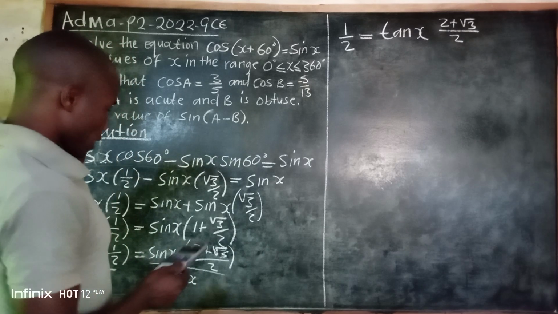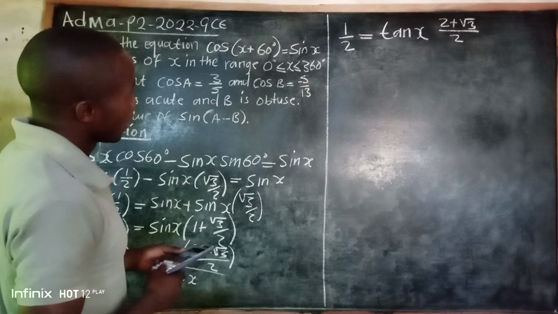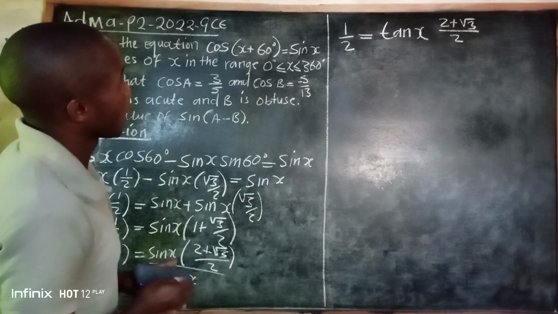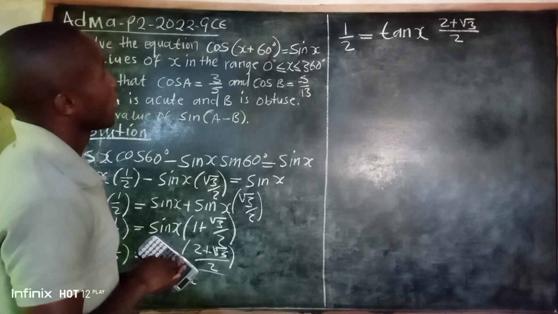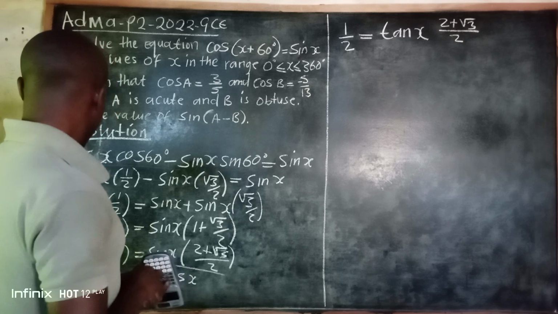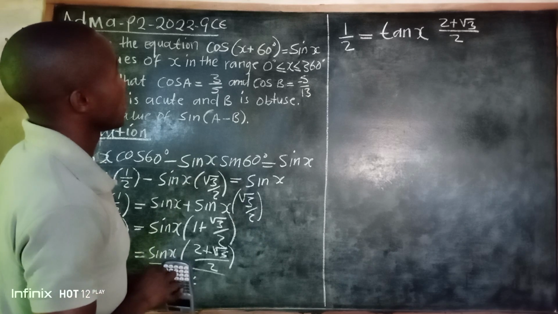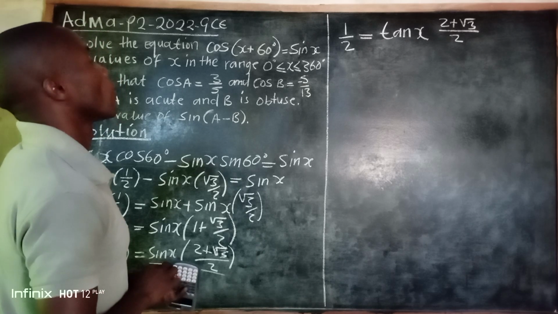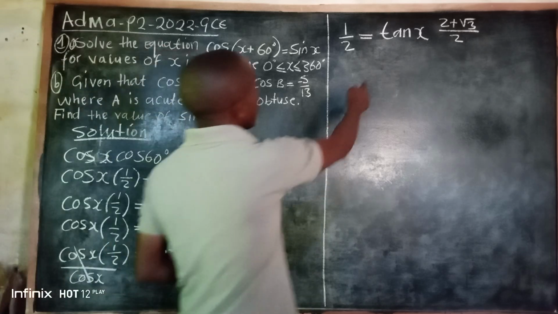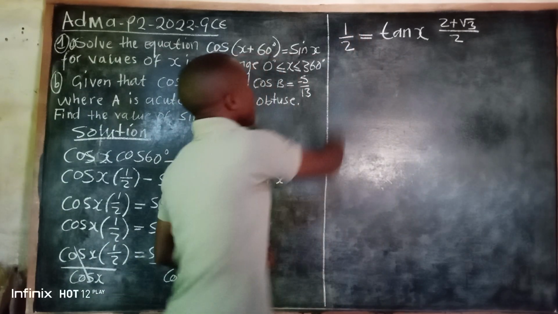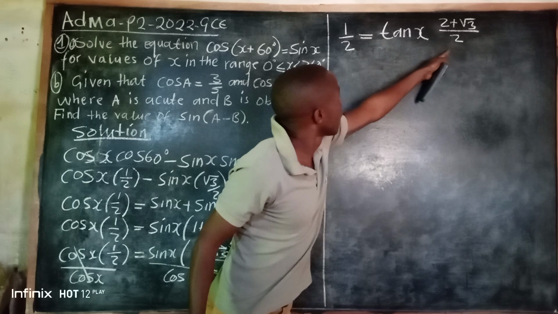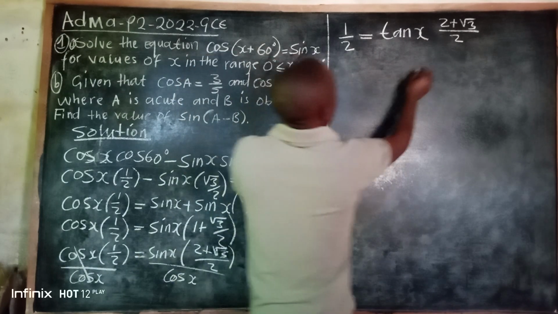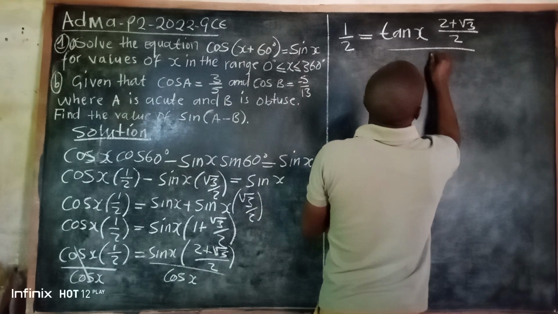The best way to do that is to divide both sides by 2 plus the root of 3 over 2. That is the way to go. So for us to remain with tan x, we are going to divide both sides, even this side, by 2 plus root 3 over 2.